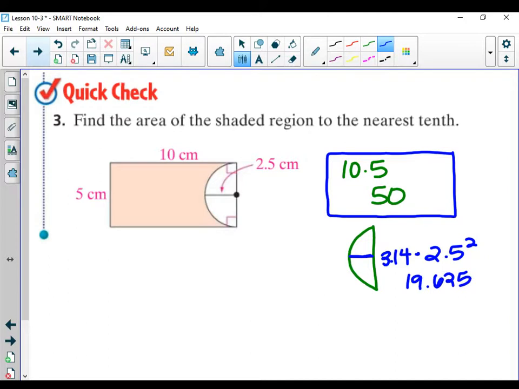Then you divide by 2. Because they only colored in half the circle. They only painted in the paint. Nine point something? Did you see that? I just estimated.